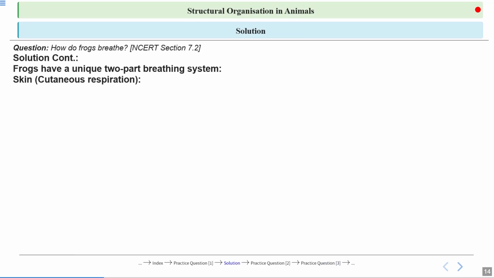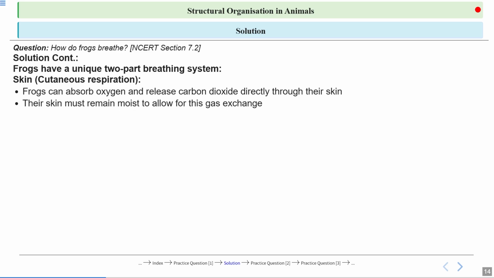Next is the skin. The respiration done by the skin is called cutaneous respiration. So frogs can absorb oxygen and release carbon dioxide through their skin. Their skin is very thin and they always keep their skin moist, because it must remain moist to allow for this gas exchange.